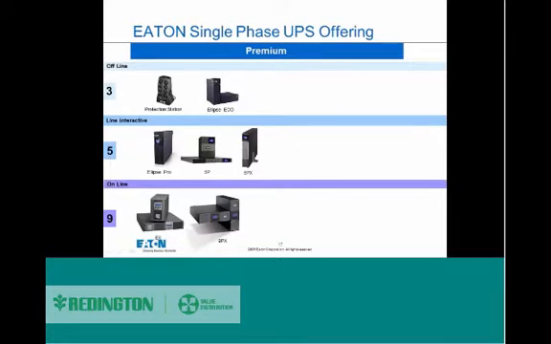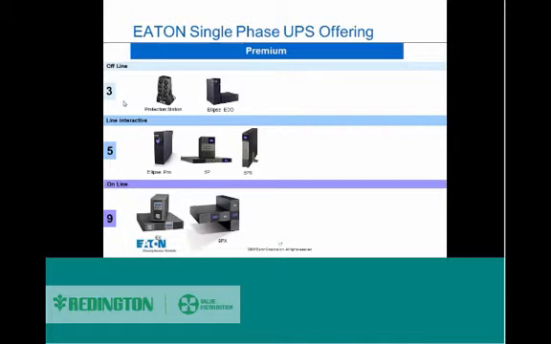Now, all of them have different capacities, of course. We'll be going through a couple of them. These are the different series which are available, so there's 3, 5, and 9. The numbers you see here, 3, 5, and 9, are based on the different voltage or power problems that you can see within an environment.